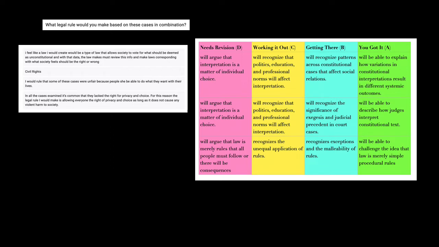You've got to be able to explain how variations in interpretations, whether conservative, liberal, living constitution, or originalism, are actually having an effect on the outcomes, on how society interprets those rulings and how they employ them. You also have to describe how judges interpret the constitutional text. So when you're reading the cases, you're trying to look for clues as to how that judge is interpreting the case.